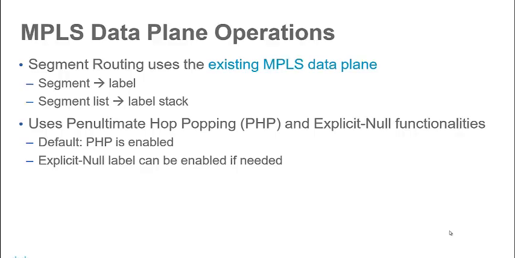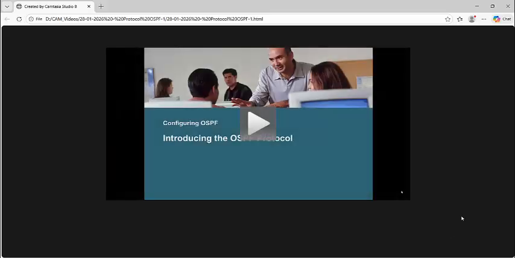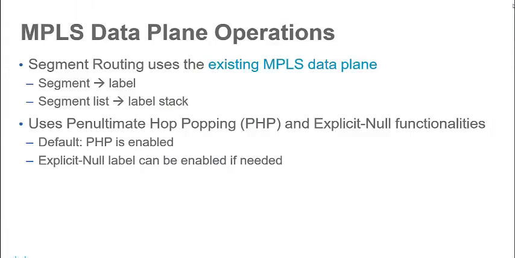It uses PHP and explicit null functionality, same as MPLS. Even after segment routing on MPLS, we have that same MPLS behavior. PHP happens. What is PHP, Anbu? Penultimate hop popping.